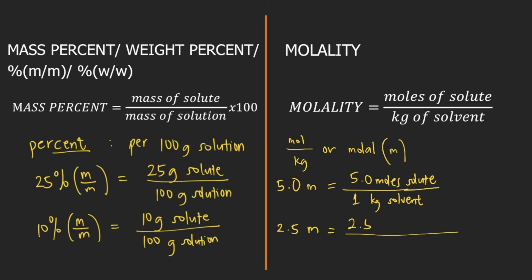This means 2.5 moles of solute per 1 kilogram of solvent. So this is how you interpret mass percent and molality. Please take note of this because we will be using this in answering our examples.